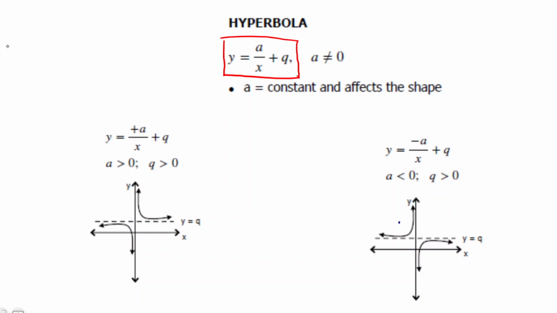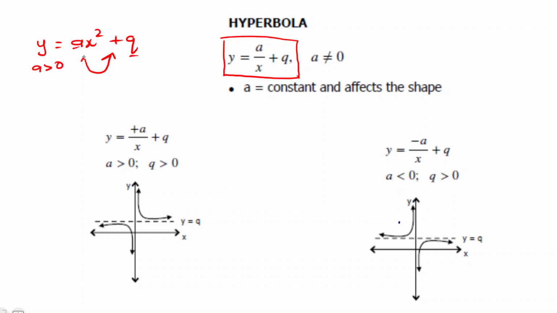You remember in the previous video, when we were studying the quadratic graphs, we also had the a and the q. We said that the a represents the shape of the graph. For the quadratic equation, for example, if a is positive, the parabola will be like a smiling face.